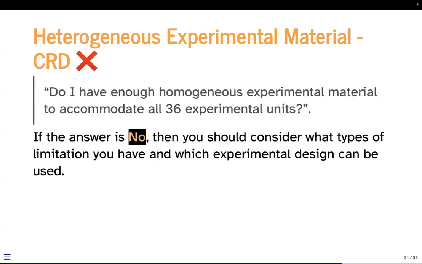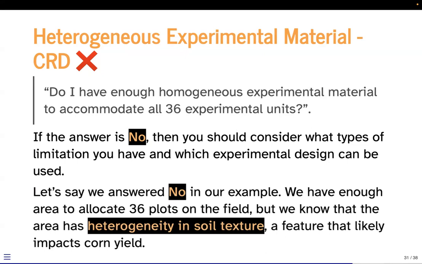Okay, so what if you do not have homogeneous experimental material? Your farm superintendent comes back and says, well, sorry, we don't have that. That example I gave earlier, maybe I have 3/4 of this area in one soil type, and the other 1/4 is a different soil type. Can you work with that? Well, I guess we can, right? That's when randomized complete block designs come into place.